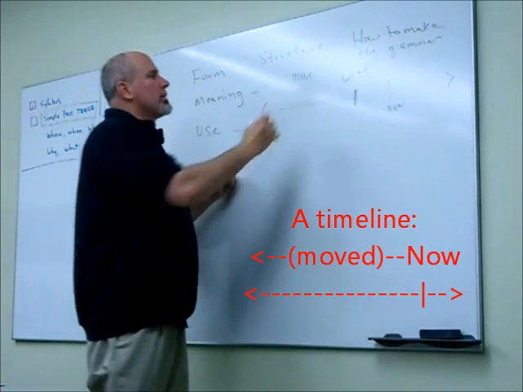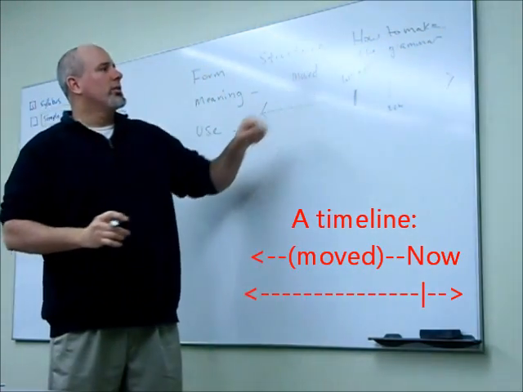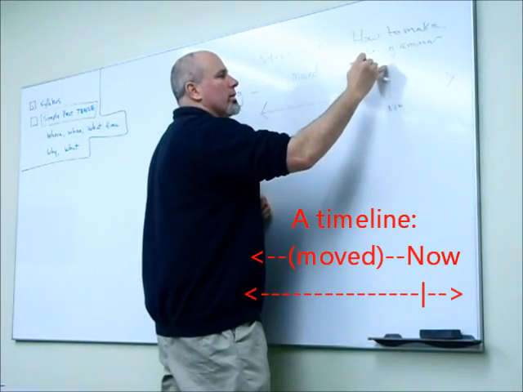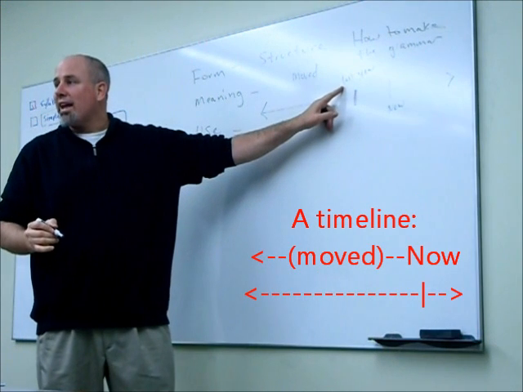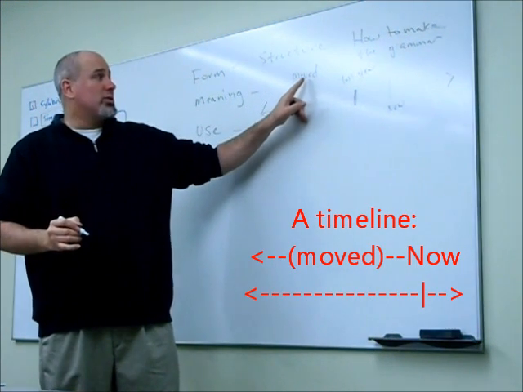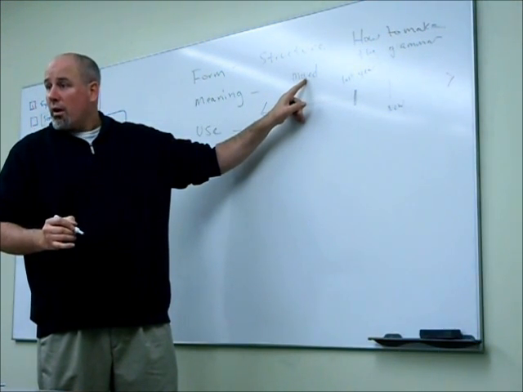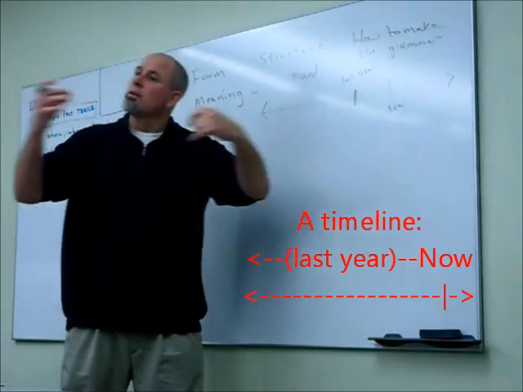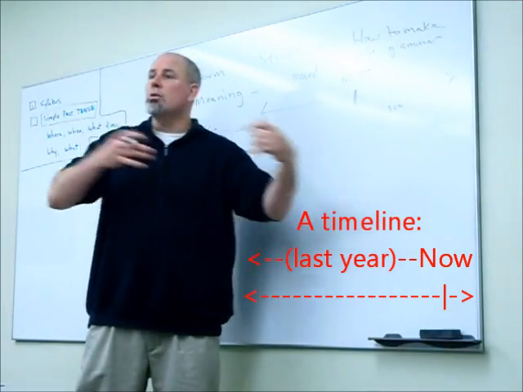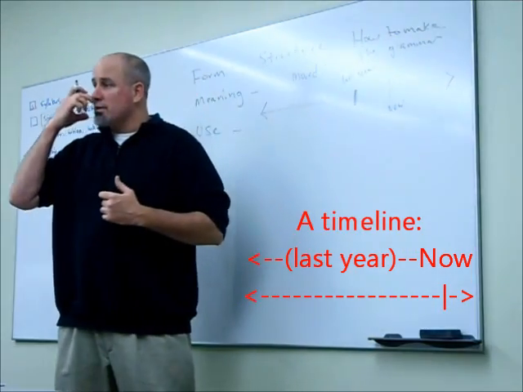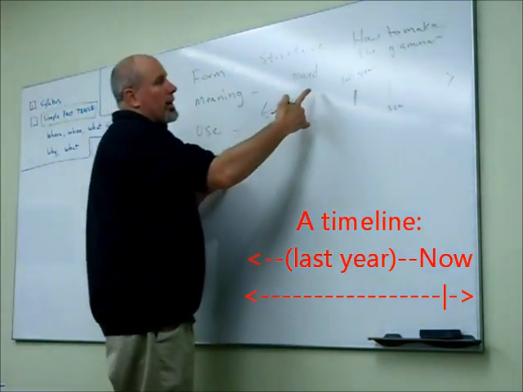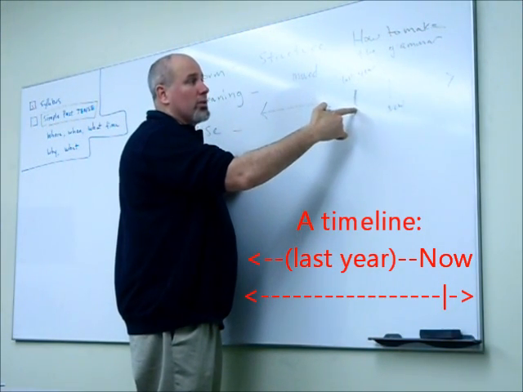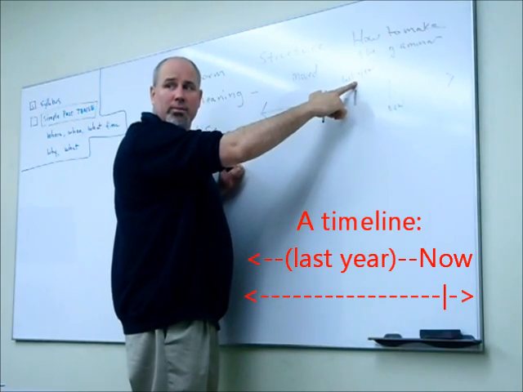So if I said moved, moved would be better with, let's say, last year. Last year, I moved from Auburn, it's a small town, to Sacramento, okay? I moved, I changed my house, okay? I could say I moved from Auburn to Sacramento last year, okay?